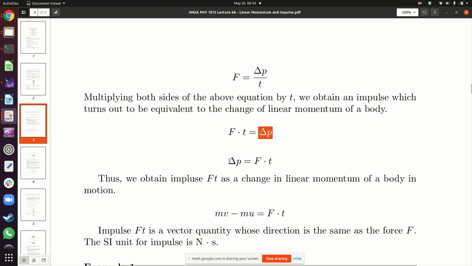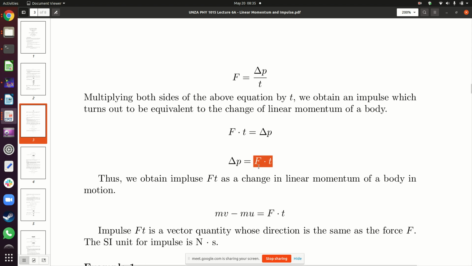So this change in linear momentum, delta P, is equal to the external force present multiplied by the time, and this is what we're calling the impulse. This is what impulse is: Ft, the external force multiplied by the time.